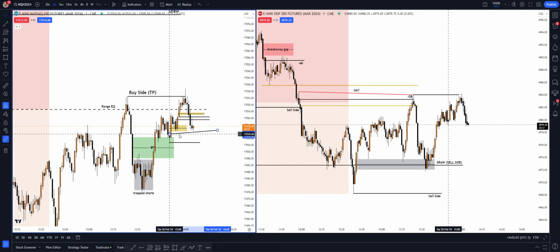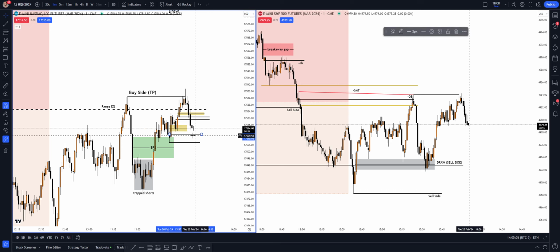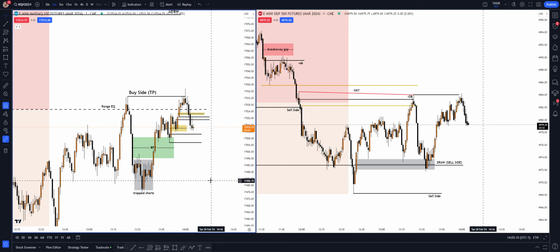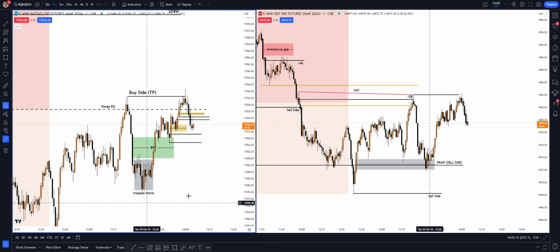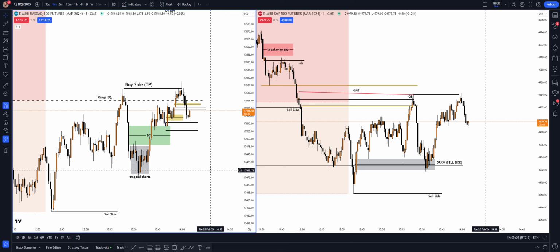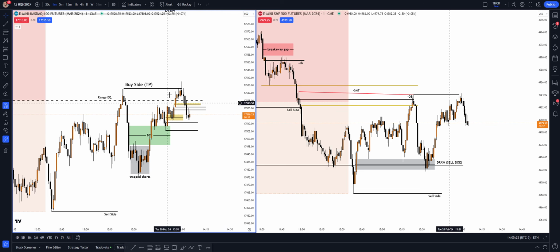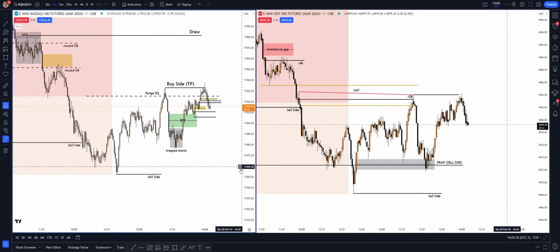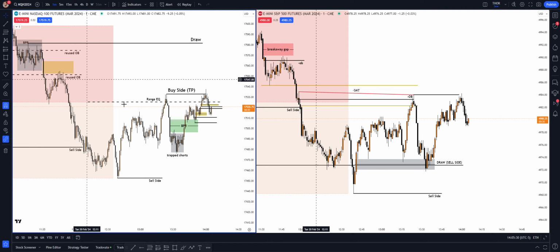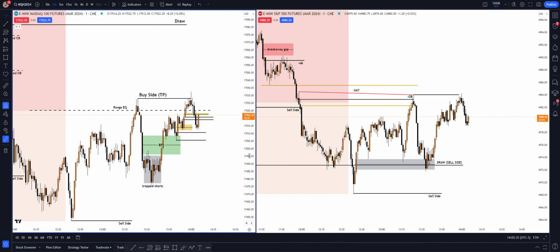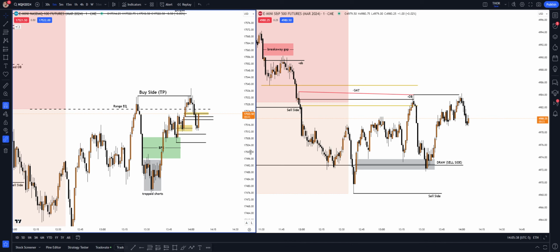So we have this order block there. Let me annotate that. Obviously, depending on price. Yeah. I'm still seeing this as a pullback, though. I'm still thinking the draw on liquidity will be this buy side here, until proven otherwise.